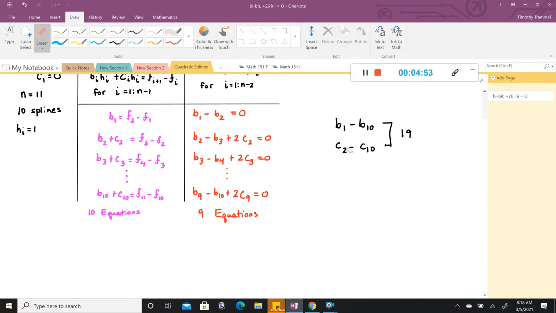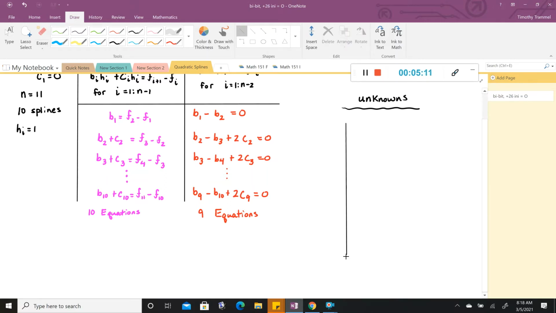Now, let's think about how we're going to stack our unknowns, because our unknowns are going to be in a vector. Let's think about what that might look like. Well, we had just said all of our unknowns.